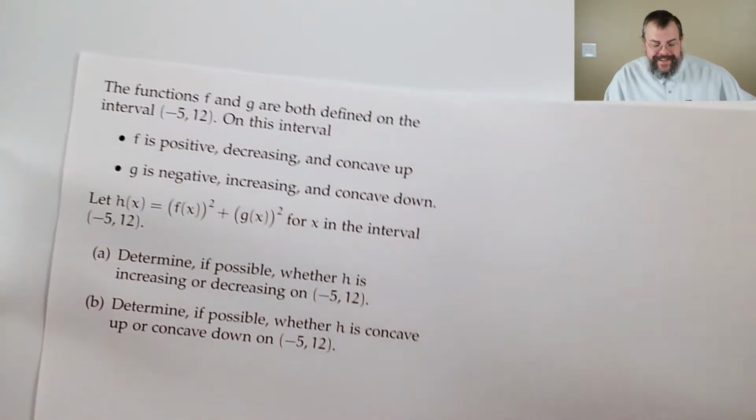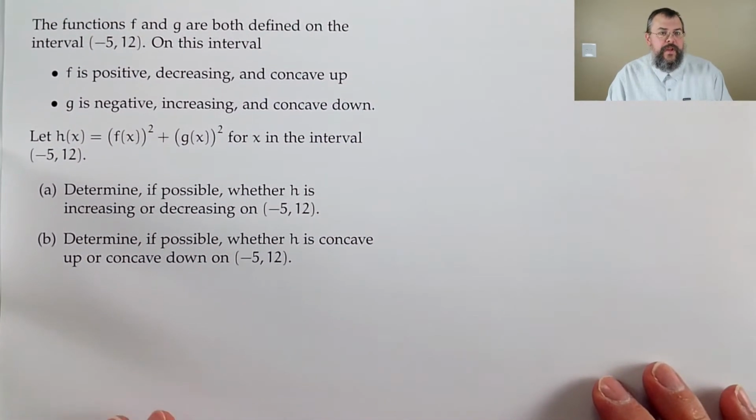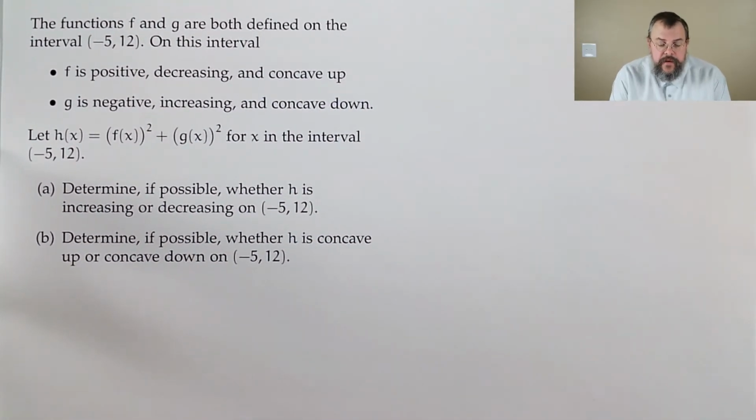Well, let's try another problem. Hey, how about that? Okay. So, we're told the functions f and g are both defined on the interval from -5 to 12. On this interval, f is positive, decreasing, and concave up. G is negative, increasing, and concave down.